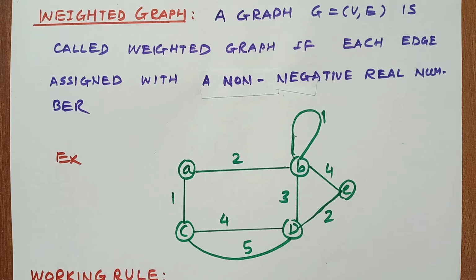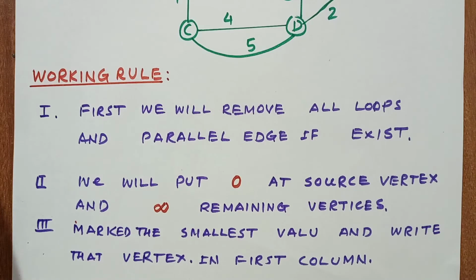For this problem the great mathematician Dijkstra obtained an algorithm, known as the Dijkstra algorithm. Okay, so what is the working rule of this algorithm? Working rule of Dijkstra algorithm. First we will explain the steps of this algorithm.